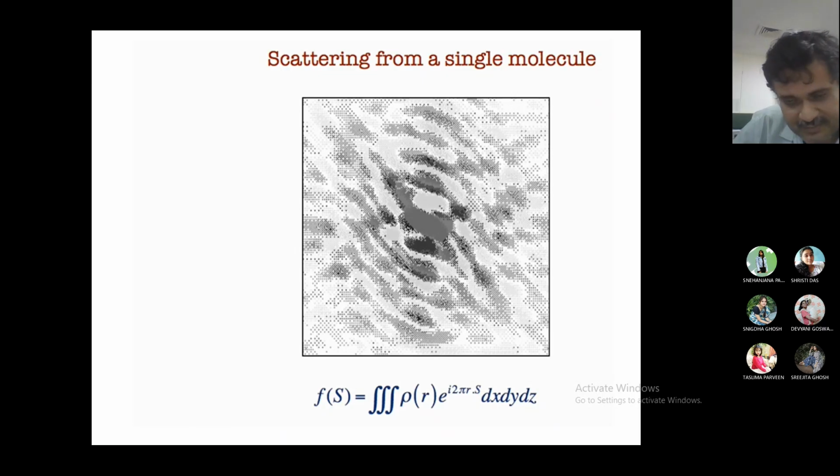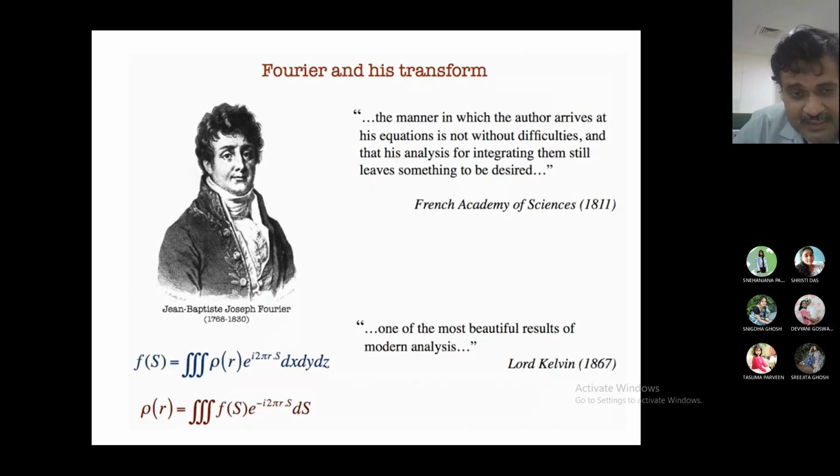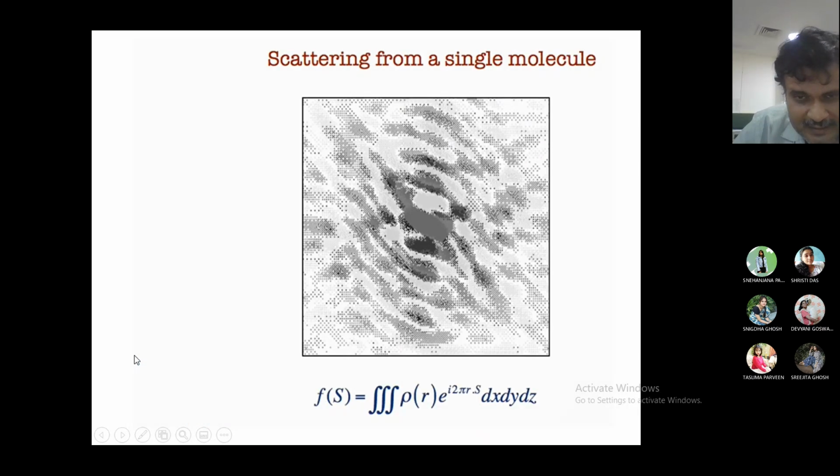That we have to find out, and it was done by applying the famous Fourier transformation. Jean-Baptiste Fourier died long before X-ray was discovered, but his technique told us that this scattered light is a function of this rho, correct?